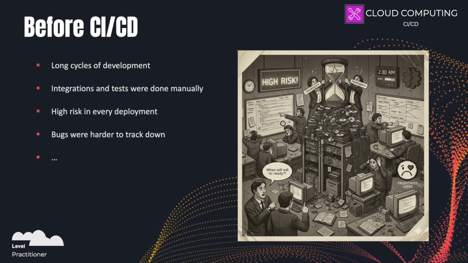Bugs were harder to track down and new features could take a long time to reach the customers. This was mainly because teams had to coordinate big release windows, manually test large chunks of code at once, and fix problems that only showed up late in the cycle. The result was stressful launches, long delays, and frustrated developers and users alike.